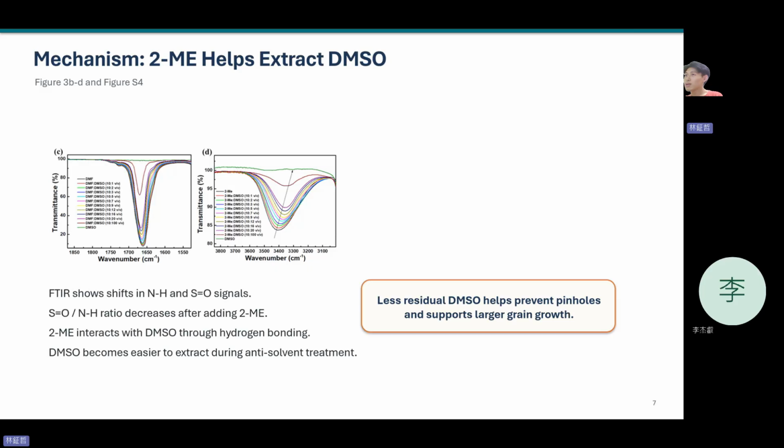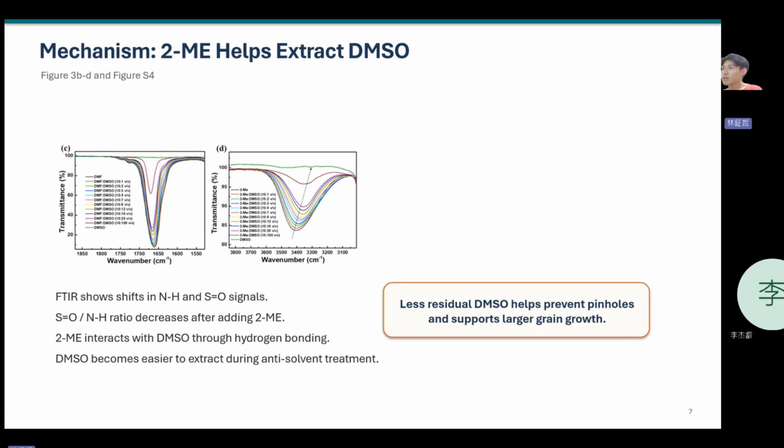Why does this happen? The authors suggest that 2-ME can interact with DMSO through hydrogen bonding. Because of this interaction, DMSO becomes easier to remove during the anti-solvent process. With less DMSO, the film can avoid pinholes and form larger grains. So 2-ME improves the film not only by changing morphology, but also by changing the composition of the intermediate film.